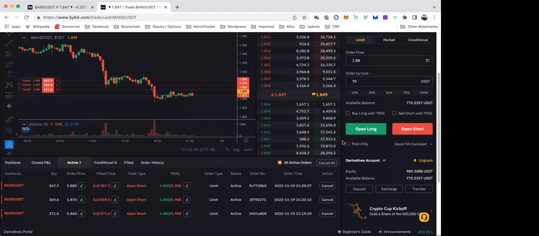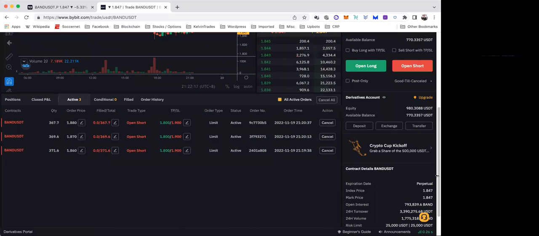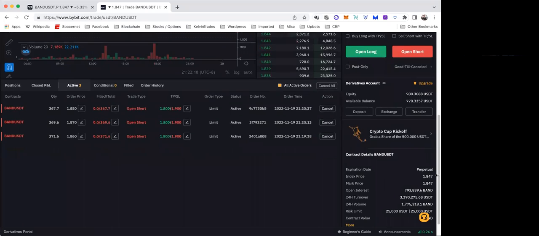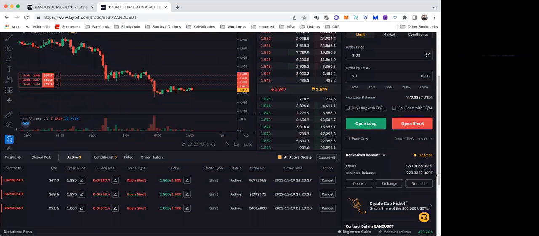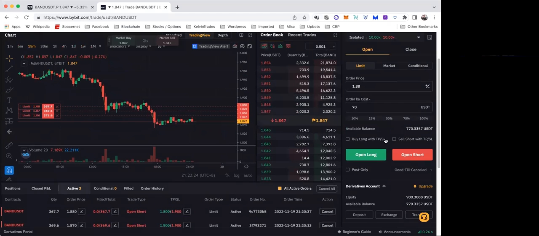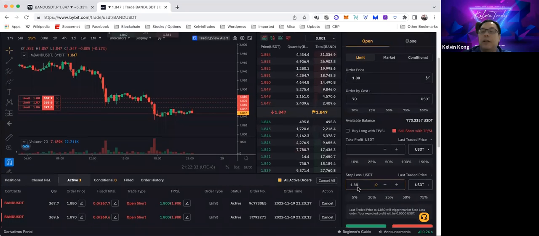Kelvin, when you submit the short, the liquidation price is 1.96 or 1.97. Is it very close? Wait, where's the liquidation price? For example, when you key in this 1.88 at $70, just now the first entry was 1.86.